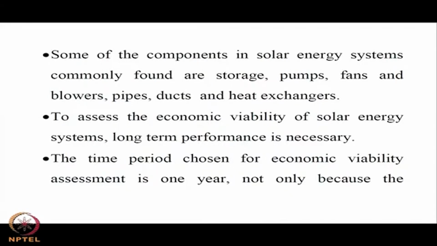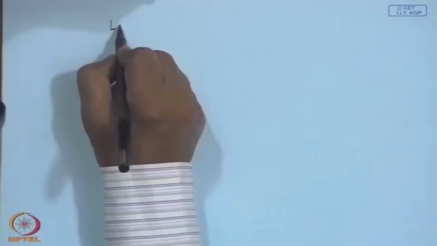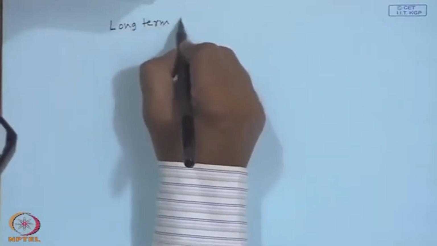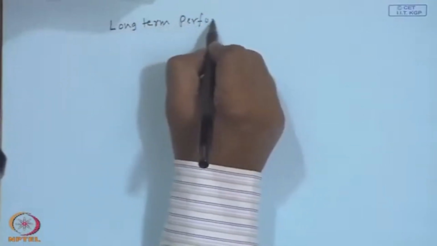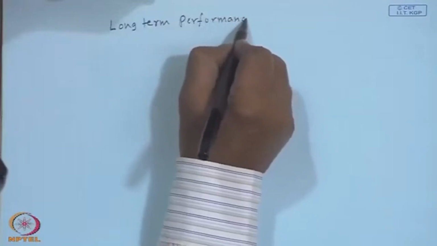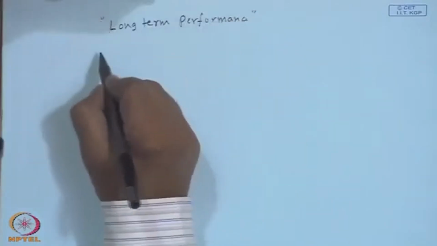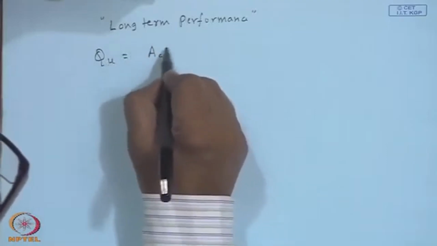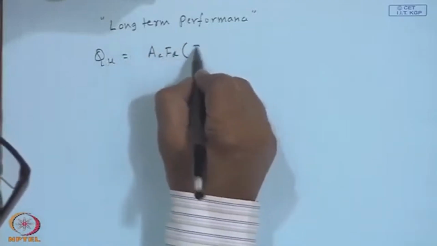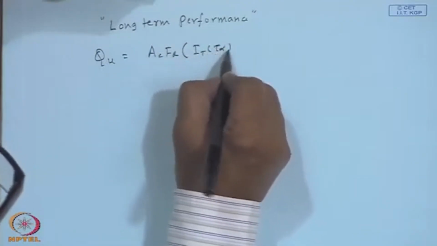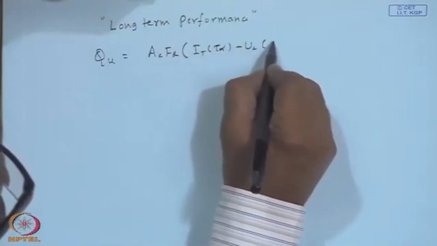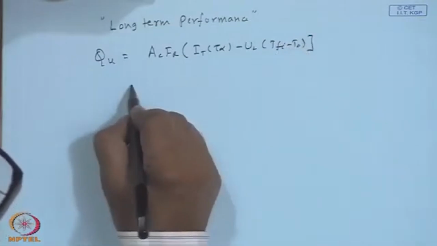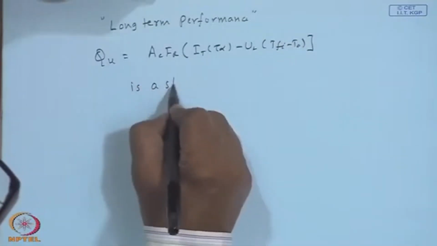The other thing is we talk about long term performance. For example, your equation Q u equal to A C F r times [I t tau alpha minus U L (T f i minus T a)] is a short term one.